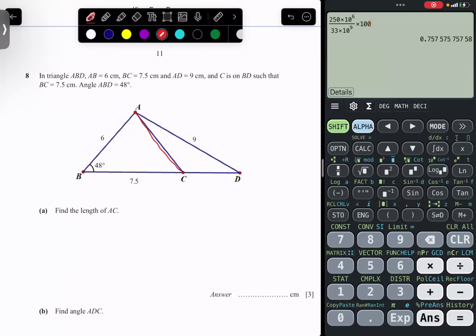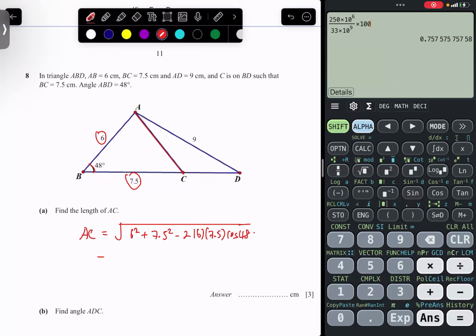So this is the cosine rule, right? Because you have an angle, you have a side, and the angle in between. So AC equals the square root of 6 squared plus 7.5 squared minus 2 times 6 times 7.5 times cosine 48.